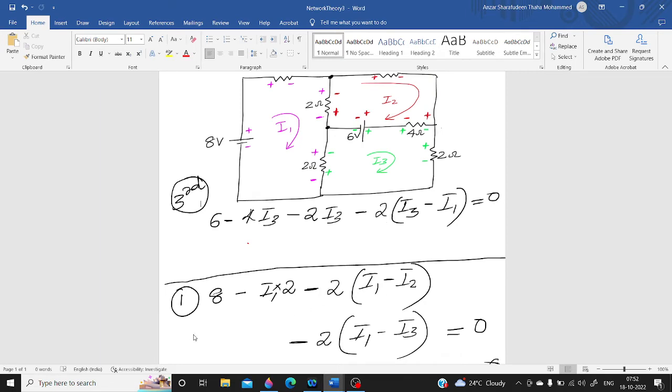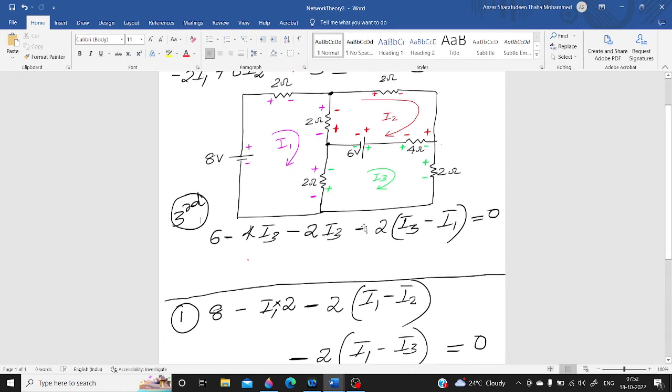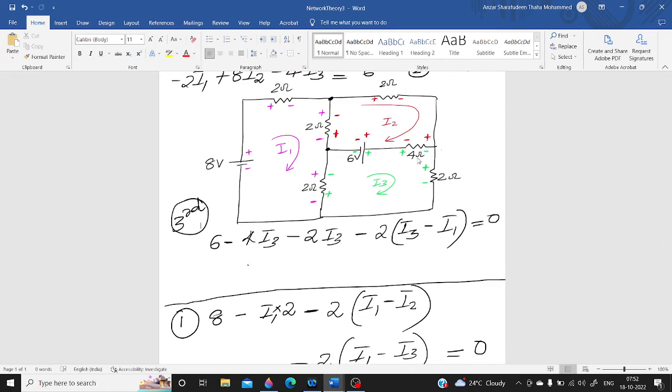So this is 6 minus 4 into, no, sorry, here there are two currents.